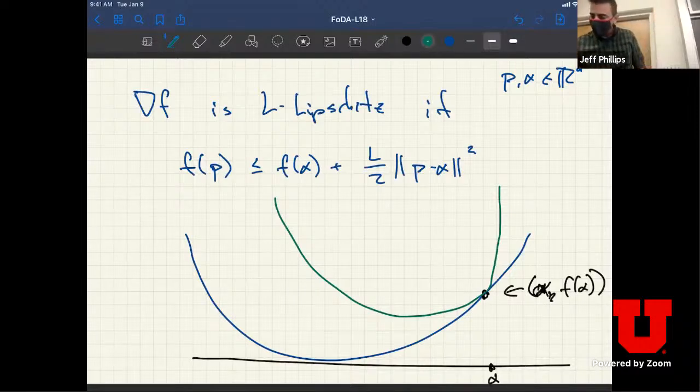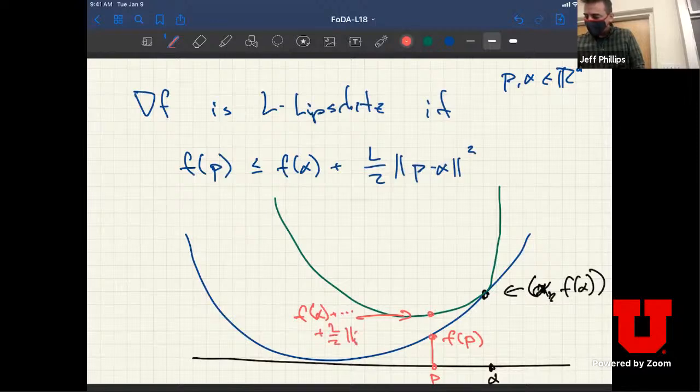So if I evaluate at some point p and look at the function value, this is f of p, and this is going to be f of alpha plus some linear term that you can find in the notes, plus some sort of quadratic term. I think the linear term is just the gradient times the distance.